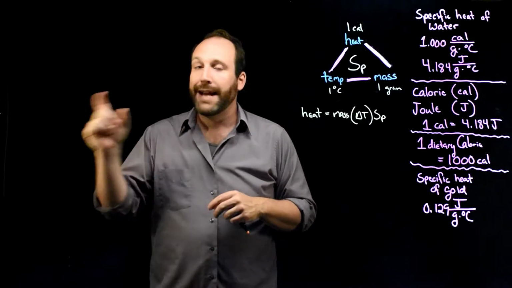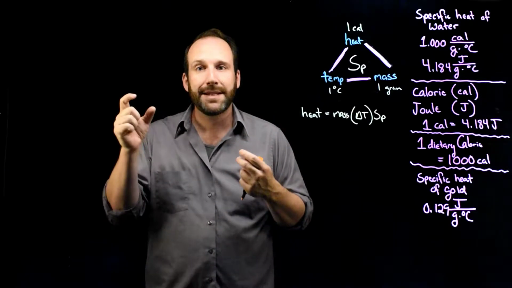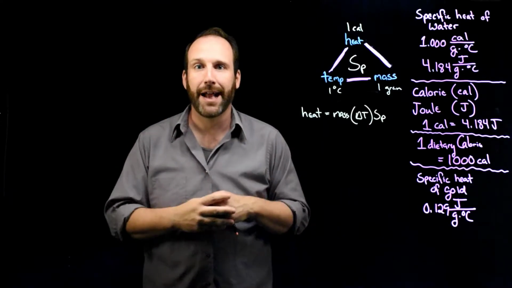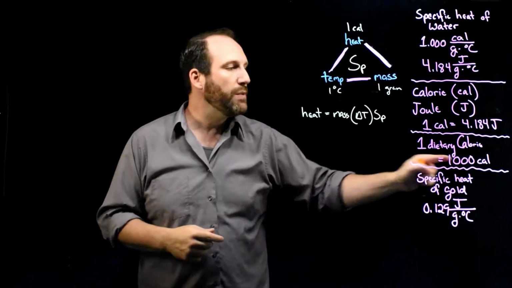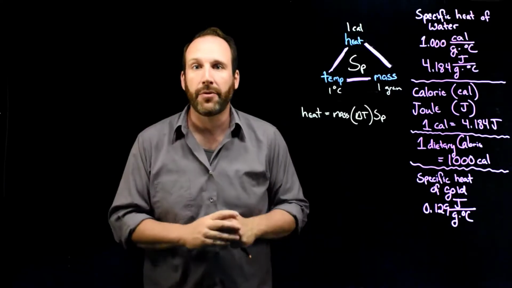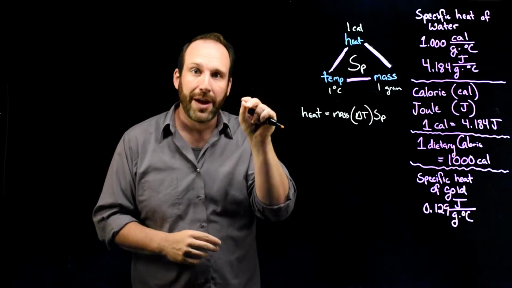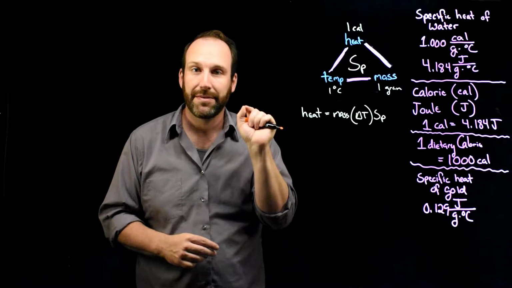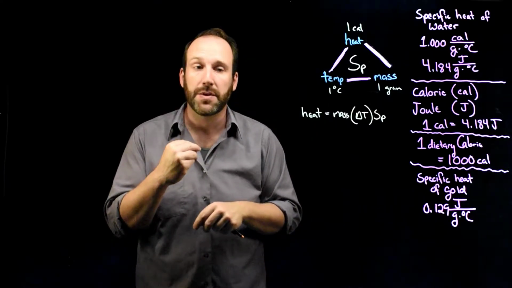Calories on a container are listed with a capital C, and that's dietary calories. And what we find is that 1 dietary calorie is equal to 1,000 of these calories that we're talking about. So the amount of heat that's required to raise 1 gram, 1 degree Celsius is really tiny compared to a calorie that we might consume.